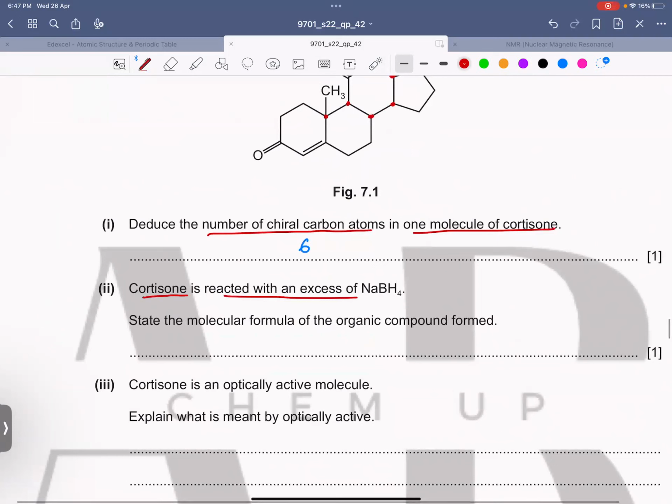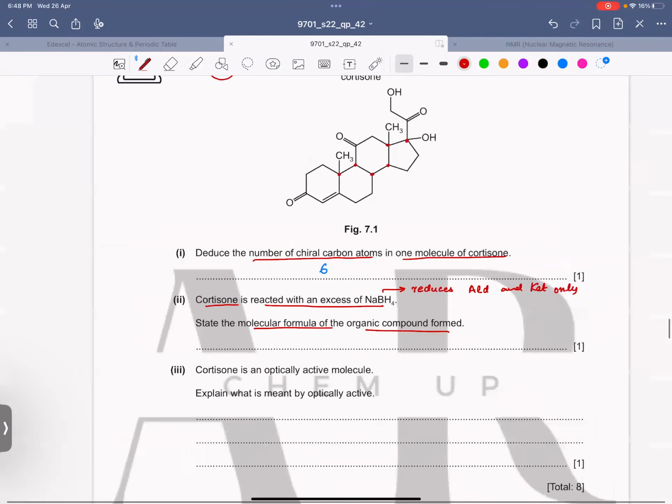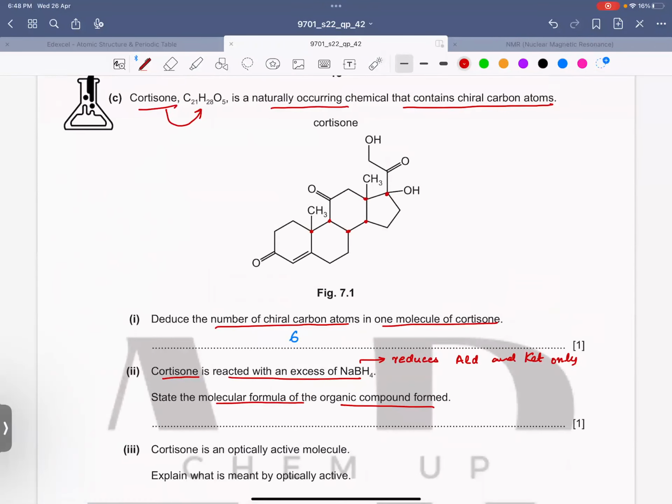Cortisone is reacted with an excess of NaBH4. If you recall, NaBH4 is a reducing agent which reduces aldehyde and ketone only. State the molecular formula of the organic compound formed. So it's easy. If you see, there is a ketone, so what would happen? It becomes a single bond, one hydrogen added over here and one hydrogen added over here.